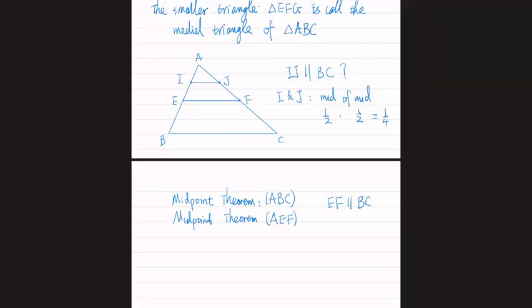We could do a point somewhere between E and F, I guess. So what we know is I is the midpoint of AE, J the midpoint of AF. I'm saying we should do a midpoint in the middle of EF. Okay, we could do that, but here we already have two midpoints, so we will use what we have.